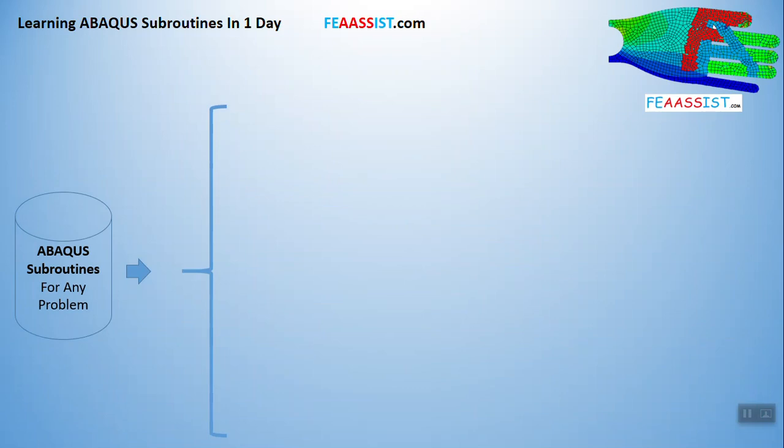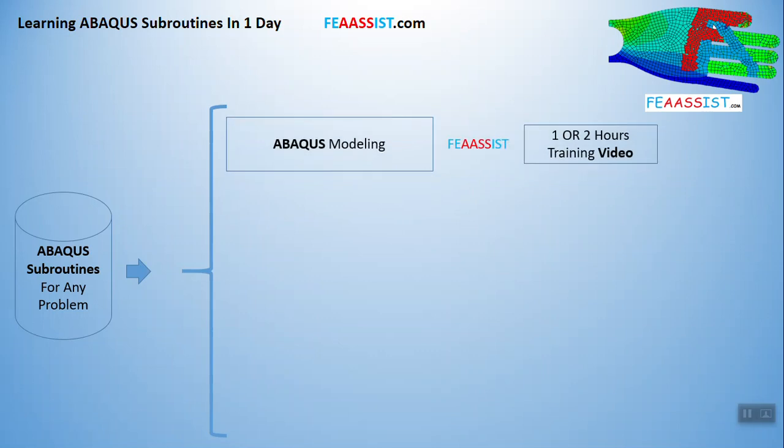In the Fba Assist method of learning Abacus subroutines, first you need to learn Abacus modeling. We assume that you are zero in Abacus and subroutines. You don't know anything about Abacus, you don't know anything about subroutines. We assume that you don't know anything. So first you need to learn Abacus modeling. For your specific problem, it could be a 1 or 2 hour training video.